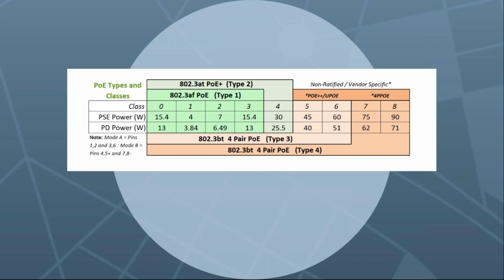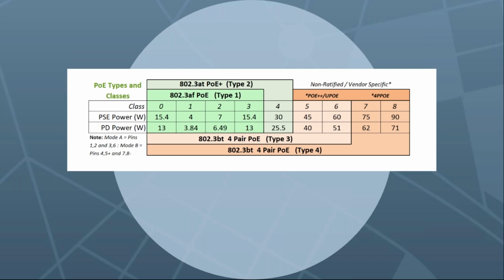Several years later, I believe it was in 2009, more devices were requiring more power, and so they developed the 802.3at, or PoE Plus. This would provide up to 30 watts of power to your devices. Well, fast forward, now cameras and big access points are requiring 40 watts, 50 watts, 60 watts.